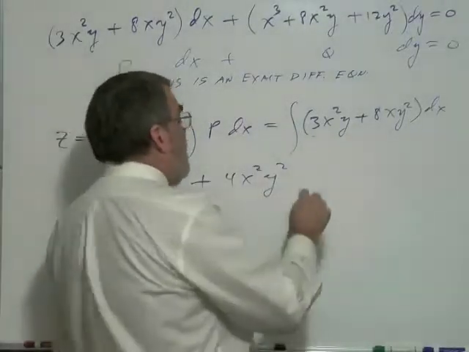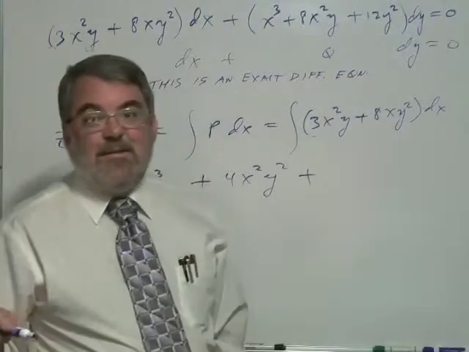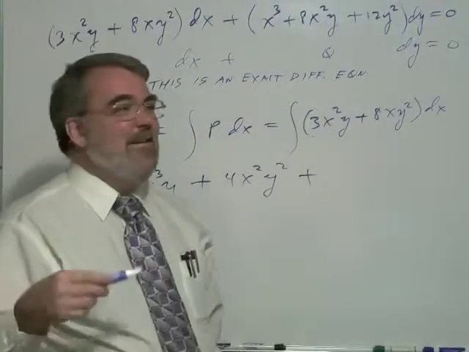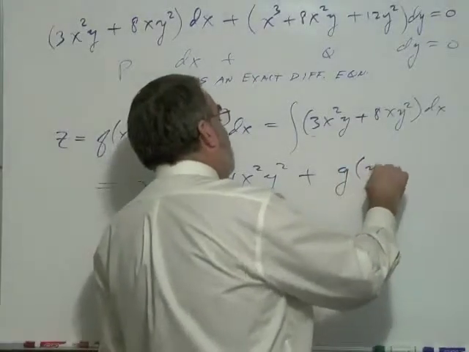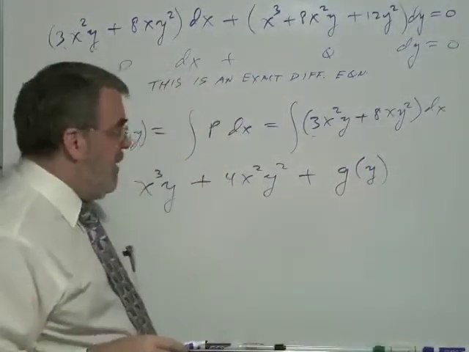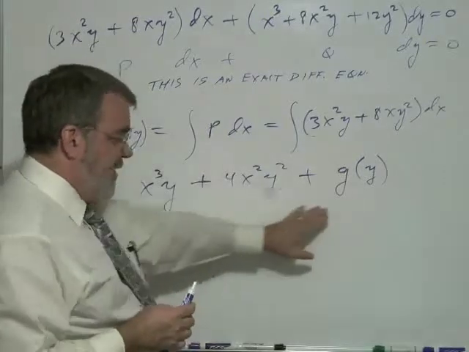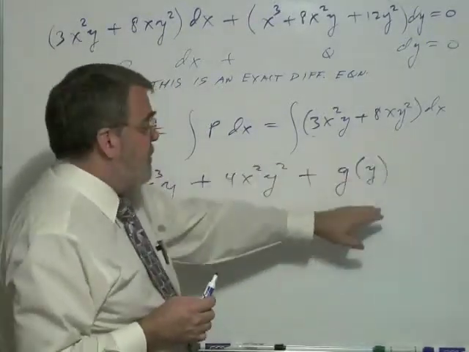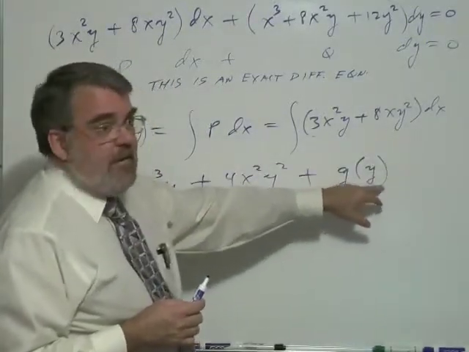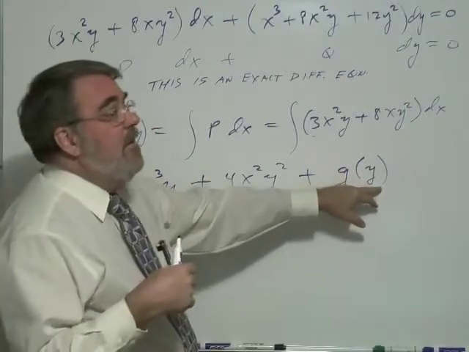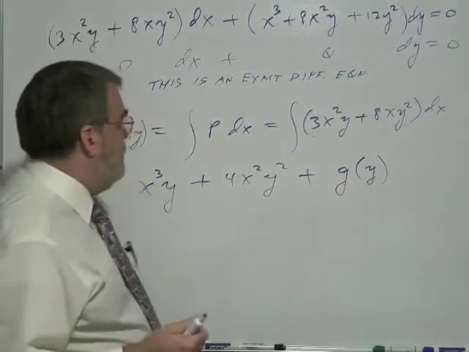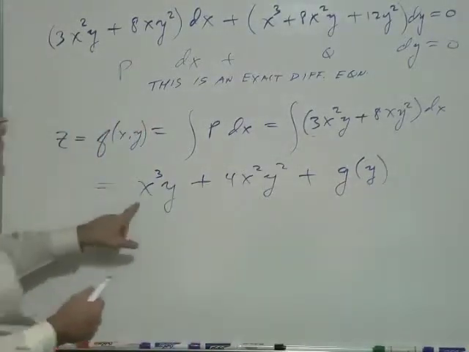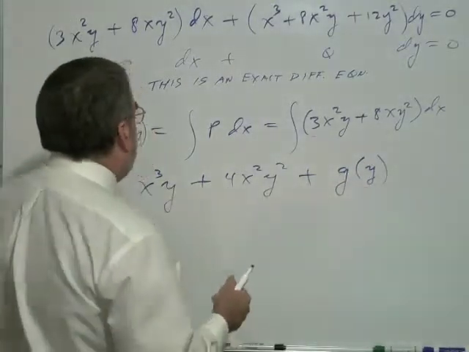My additive constant, being a constant, could involve y. So we're going to call that g of y. Because in the context of this partial integration, a function consisting only of y variables is treated as a constant. So z is equal to this function.